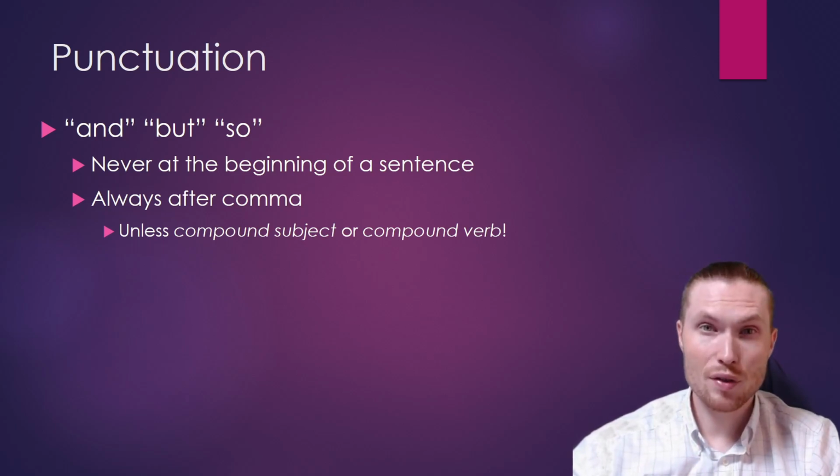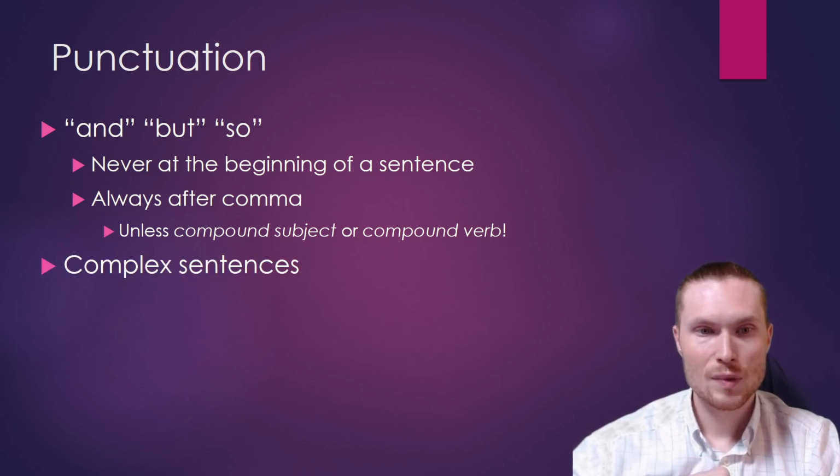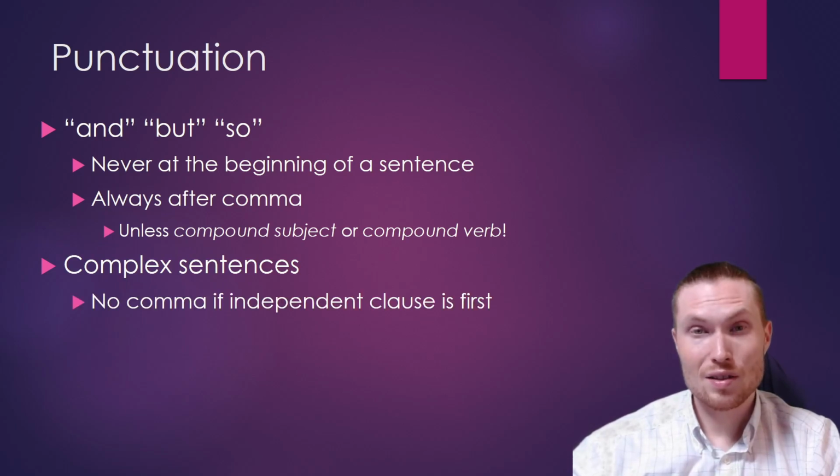Remember at the beginning of the video we looked at compound subjects and compound verbs. So and does not always have a comma before it. It does if it's the conjunction in a compound sentence, but if it's in a compound subject or compound verb, it might not. So be careful. And with complex sentences, remember, if the independent clause is first, no comma.